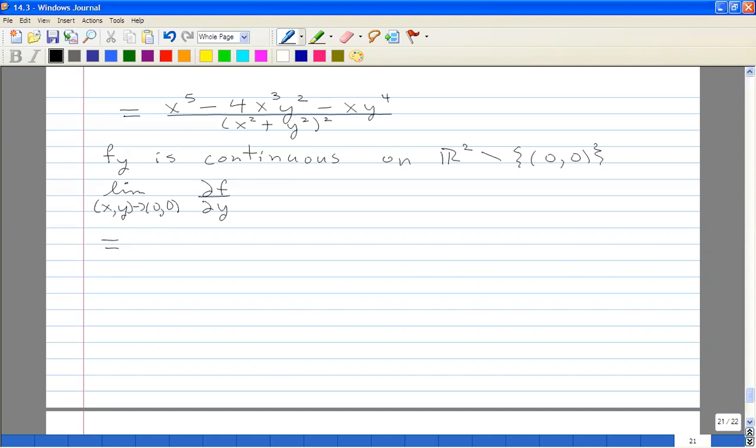So this will equal the limit as r goes to 0 of, so now let's replace x by r cosine theta and y by r sine theta, minus r cosine theta r to the fourth sine to the fourth theta.